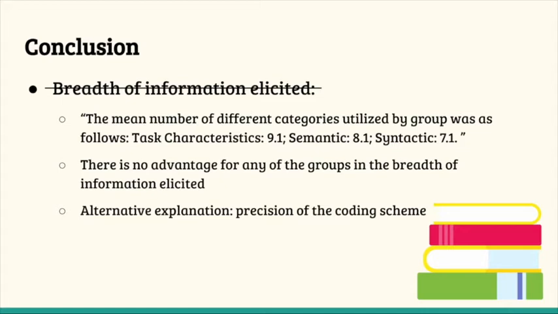According to the data cited from the paper, the researchers conclude that there is no advantage for any of the groups in the breadth of information elicited. One alternative explanation for this is the precision of the coding scheme. For instance, if each level of the coding scheme contains too few categories for requirements, this limitation may result in an insufficiency to measure the breadth.